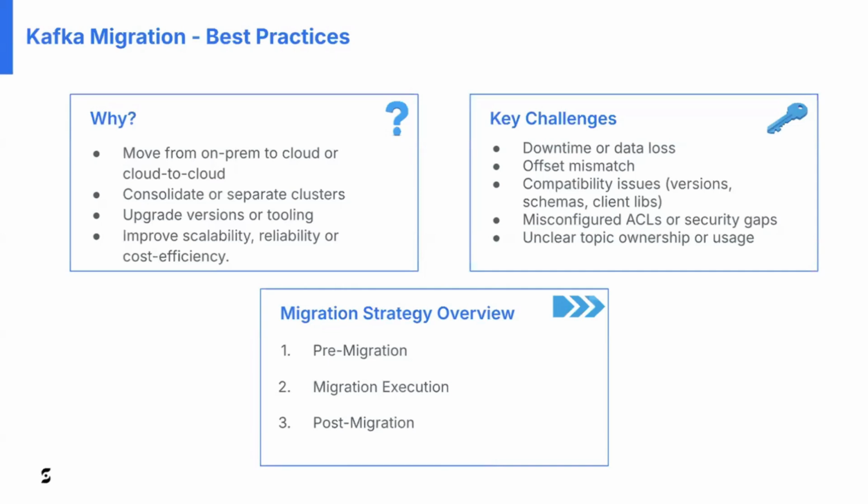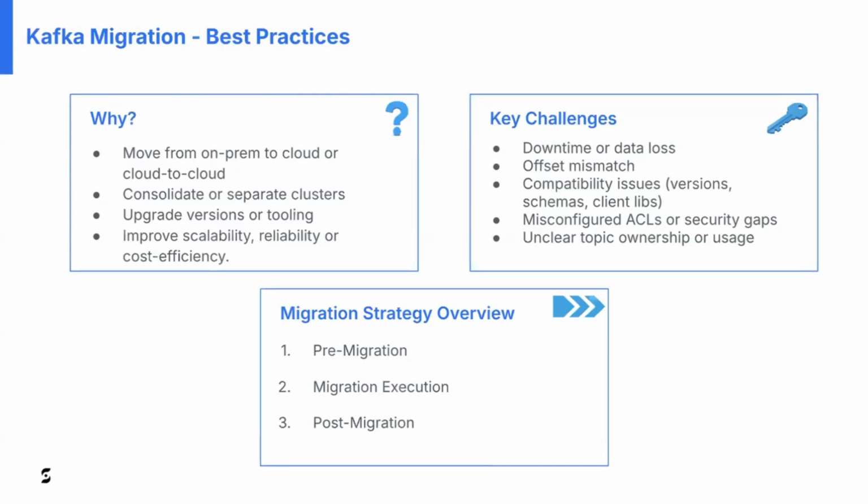So to reduce this risk, we recommend breaking the migration into three structured phases. That is the pre-migration, where we audit, plan, and simulate. The execution itself, where the live migration using tools like UniLink actually happens.